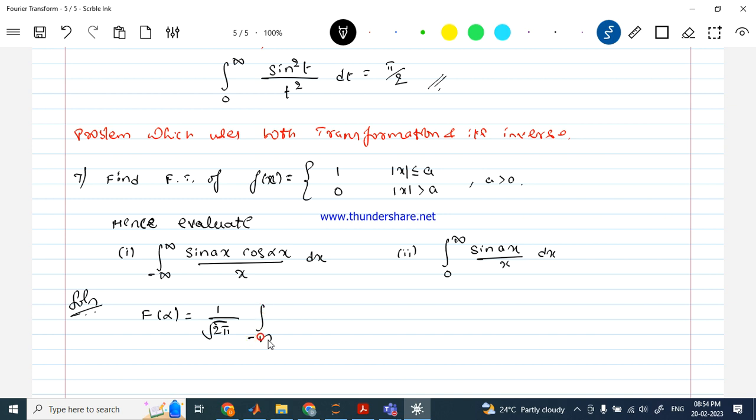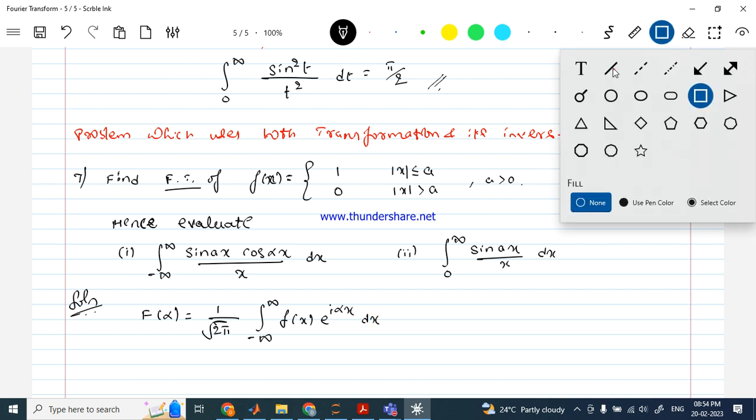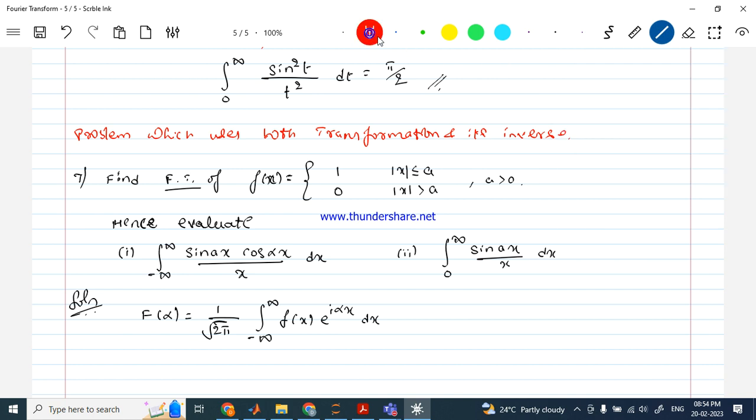Okay, so the integral from minus infinity to plus infinity, as the question is to find the Fourier transform, of f of x e power i alpha x dx. It is a very simple problem we have considered here.